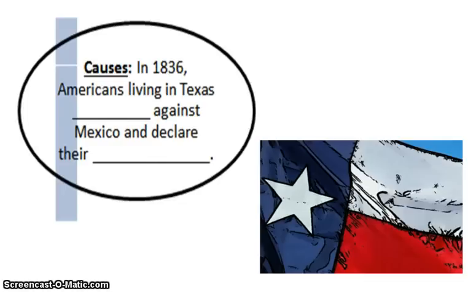In 1836, Americans living in Texas decide that they don't want to be a part of Mexico any longer, and they stage a revolt. They basically rise up and declare their independence.